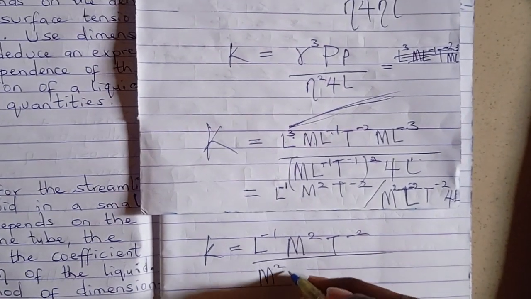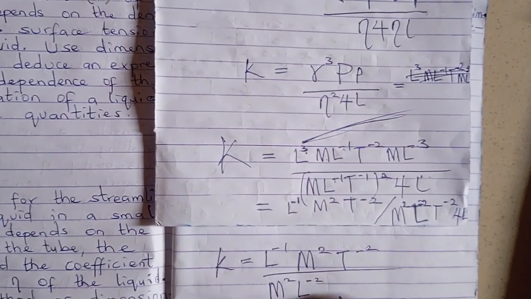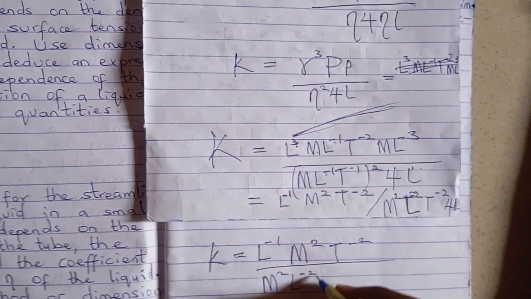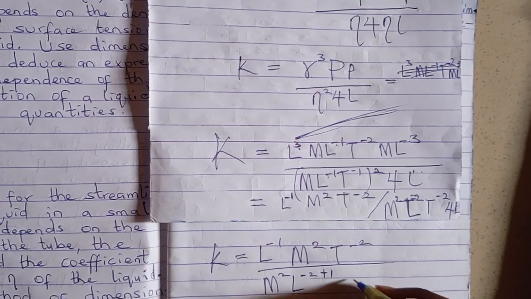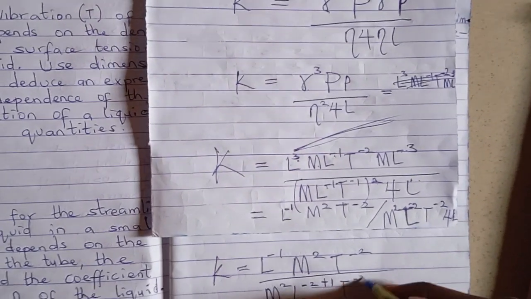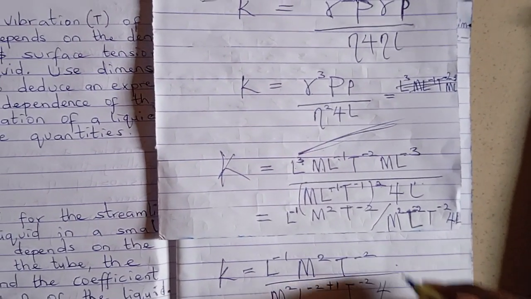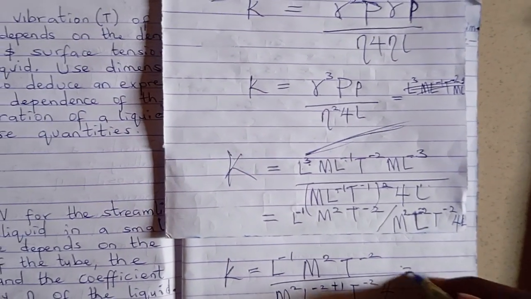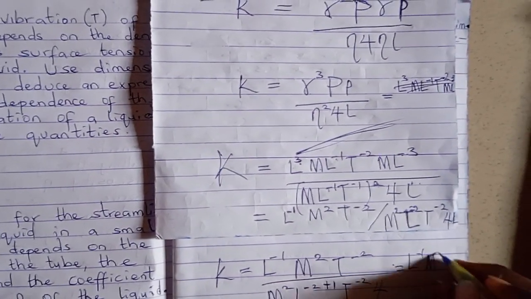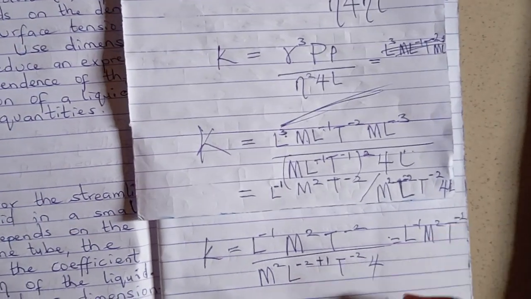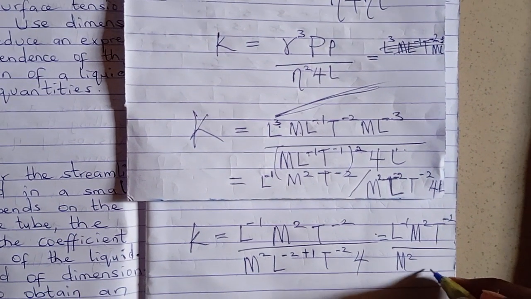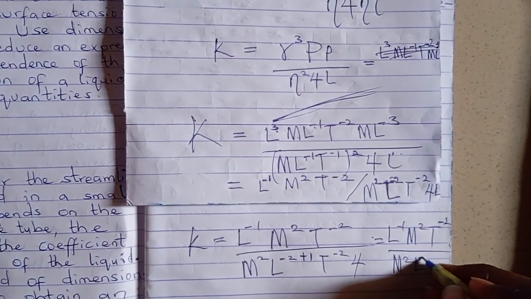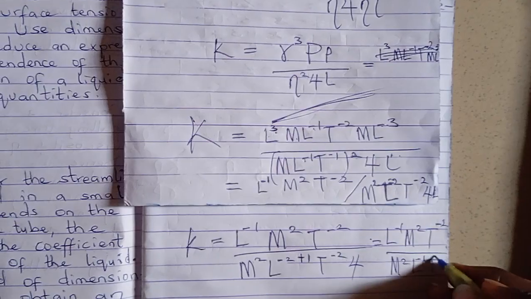So L^-2, then there's L here, plus 1, then T^-2, 4, which is the same thing as saying L^-1 M^2 T^-2 all over M squared to the power minus 2 plus 1 L^-1 T^-2 4.